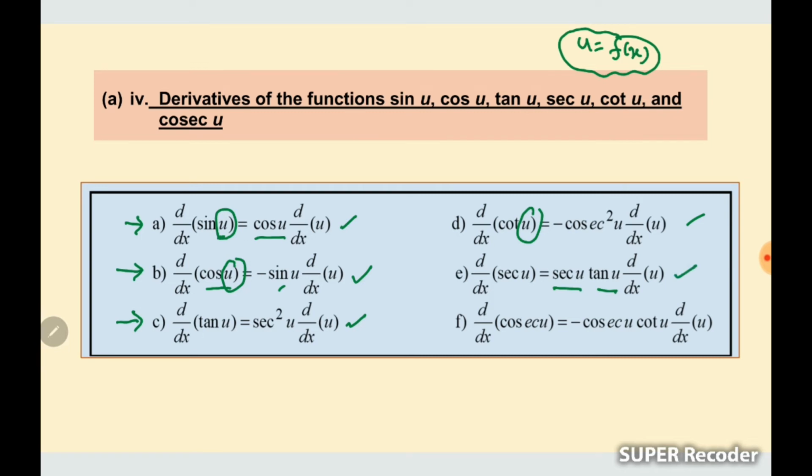Then differentiate u. The last one, differentiate cosecant u. The answer is negative cosecant u cotangent u. Then you have to differentiate u with respect to x. Okay, I hope you understand the formula.